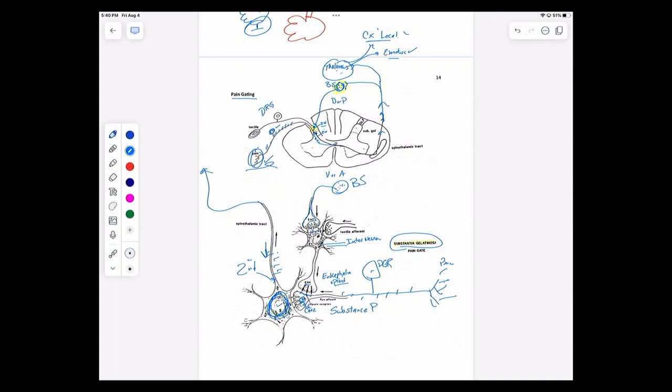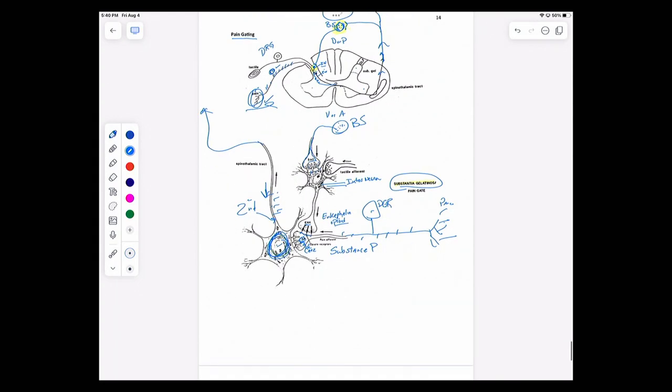So this is a really neat, clever way of the central nervous system kind of dialing down the intensity of pain that you have. So that's a major, major way of dialing pain down. Now, you'll note when we talked about the opioid receptors and the enkephalin, as you know, morphine is an opioid.